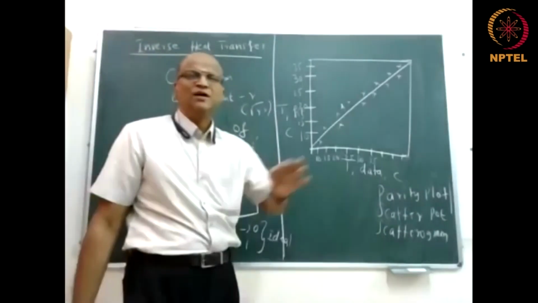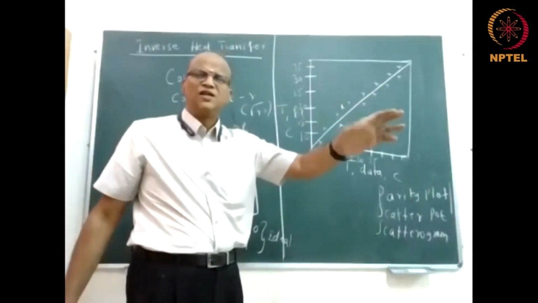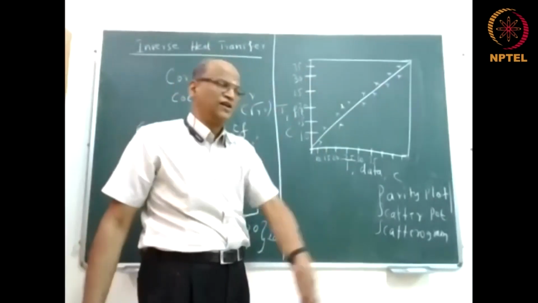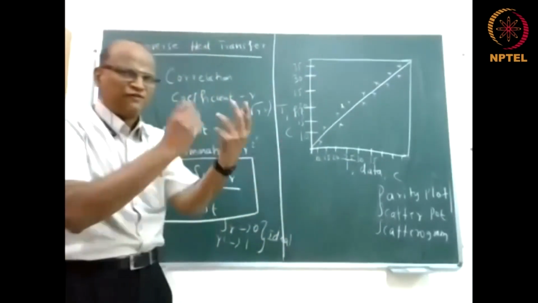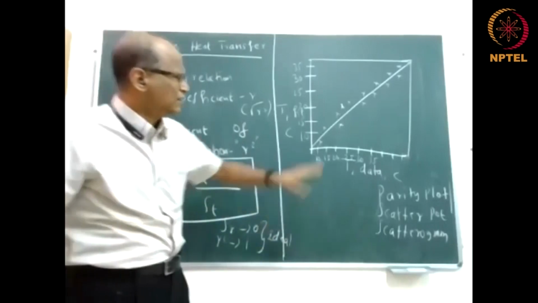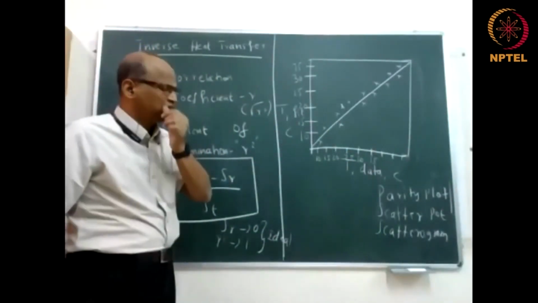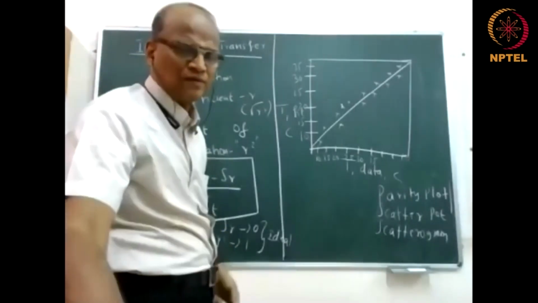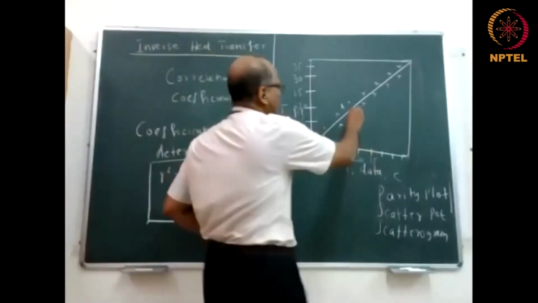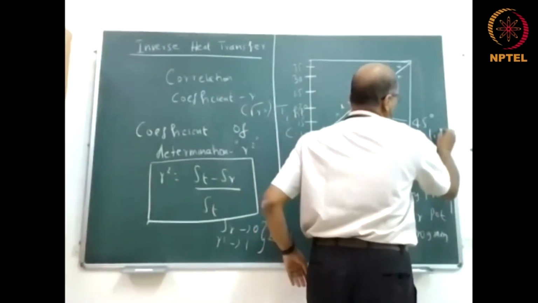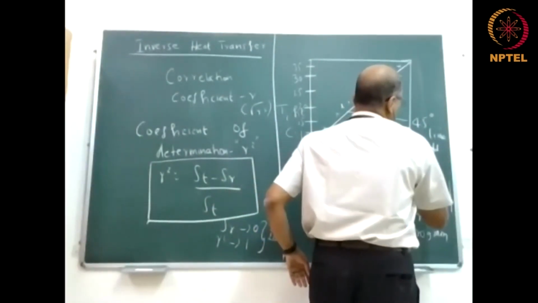So it's a good idea whenever you're doing a correlation, whether based on neural network, regression, multiple linear regression, non-linear regression, whatever. Finally, there is a fit, there is a data. Compare the data with the fit. Rajesh, this 45-degree line is called a parity line.